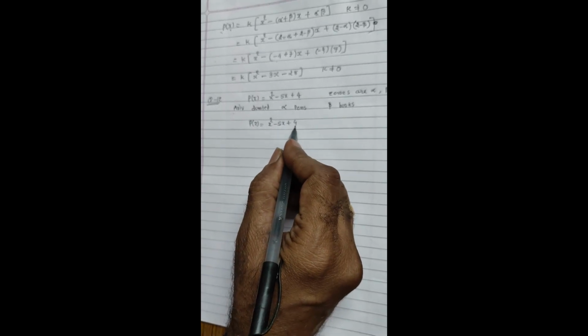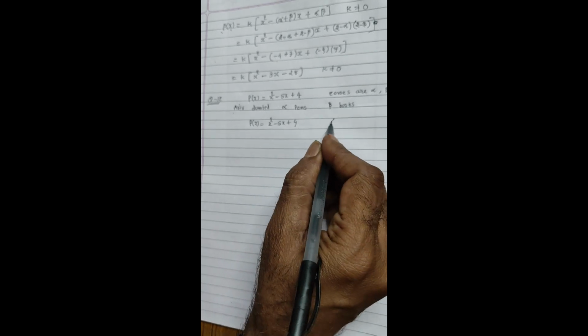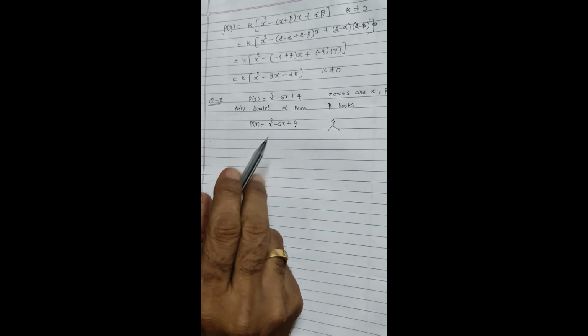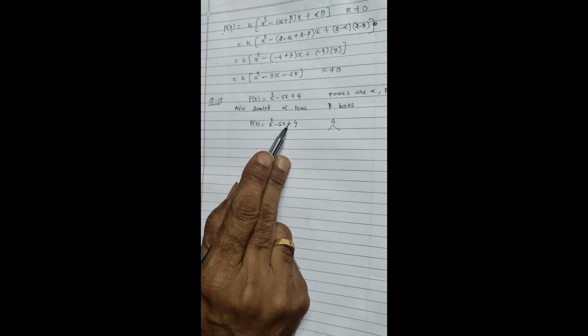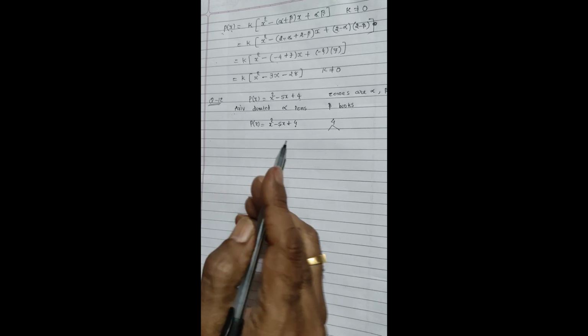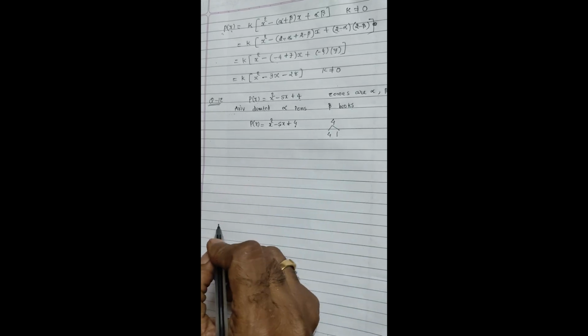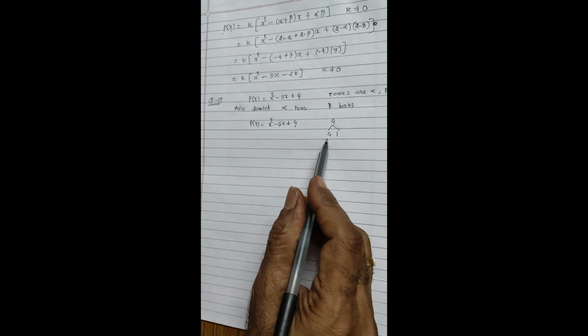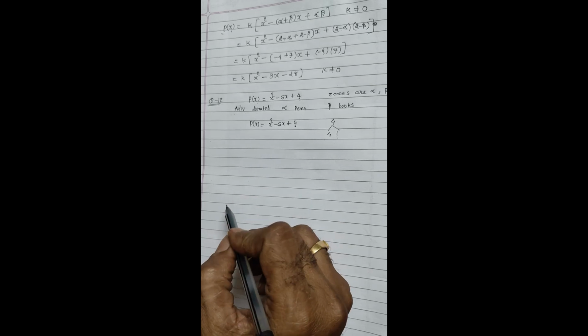So find two factors of 4 whose last term is plus. That means find two factors of 4 whose addition is 5. So 4 1s are 4 and 4 plus 1 is 5.